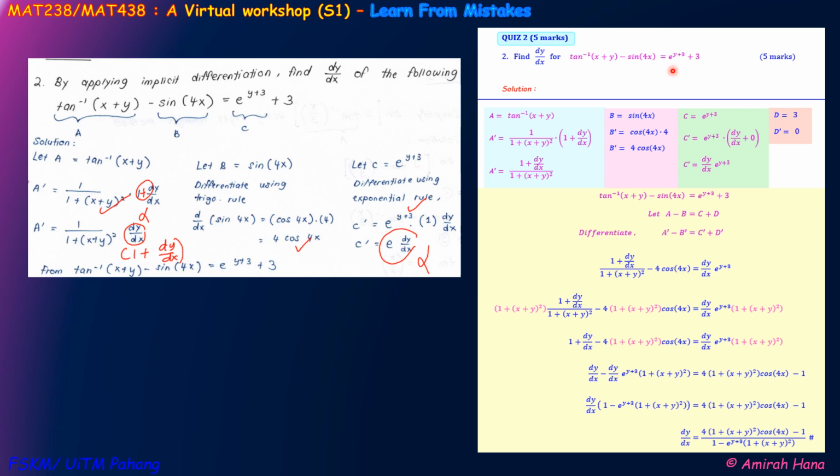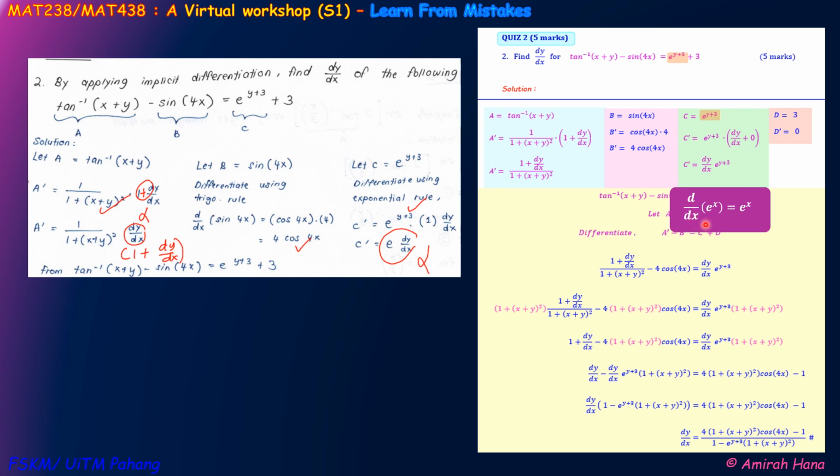Okay, now we want to differentiate e to the power of y plus 3. Let's say we let c equal e to the power of y plus 3. To differentiate e to the power of y plus 3, we can refer to the basic formula for the exponential rule.